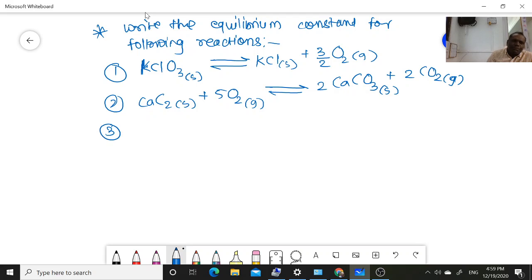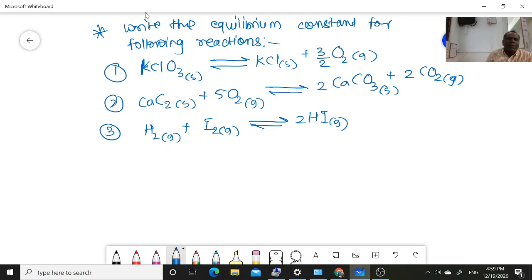Number 3: H2, hydrogen as a gas, plus I2, iodine as a gas. Again it is a reversible reaction, forming 2HI as a gas.